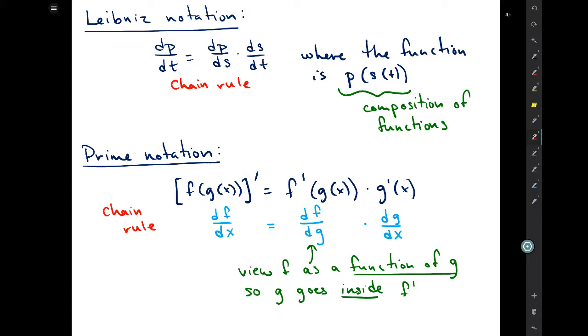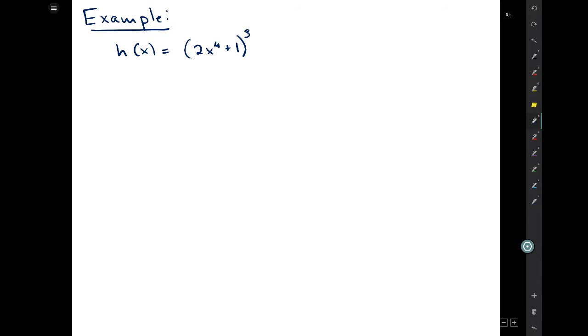I want to look at using this prime notation to take the derivative. So here is a function h of x, and it's just given as the cube of 2x to the 4th plus 1.